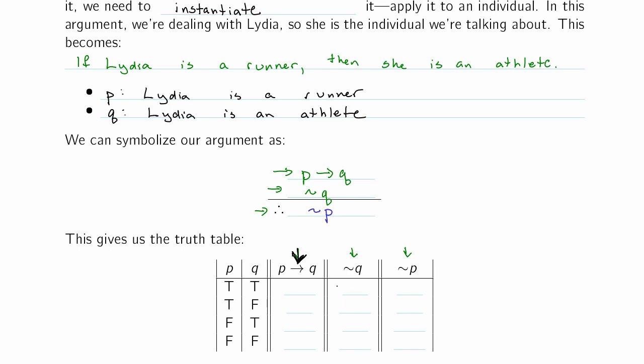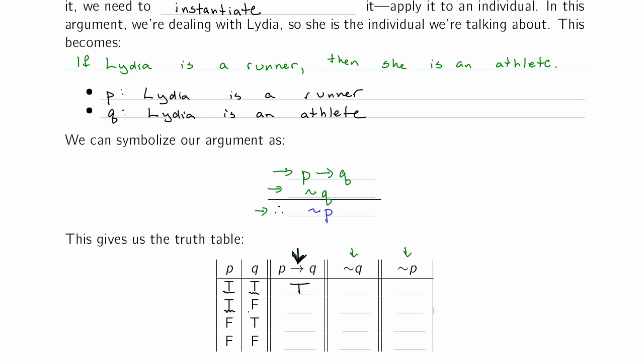Remember, if then is false when the if part is true, but the then part is false. That's the only time. The rest of the time it's true. So if P then Q, we see the if part is true, the then part is also true, the if then is true.